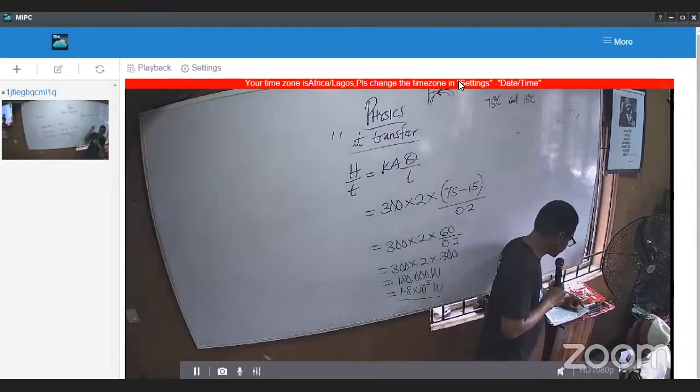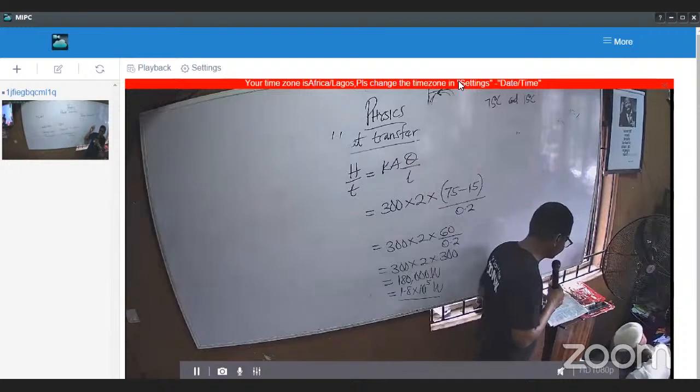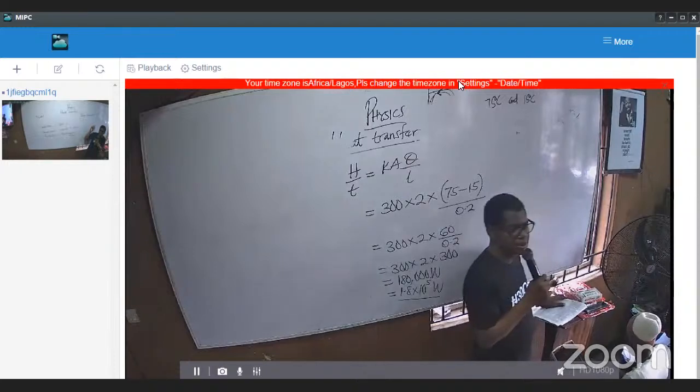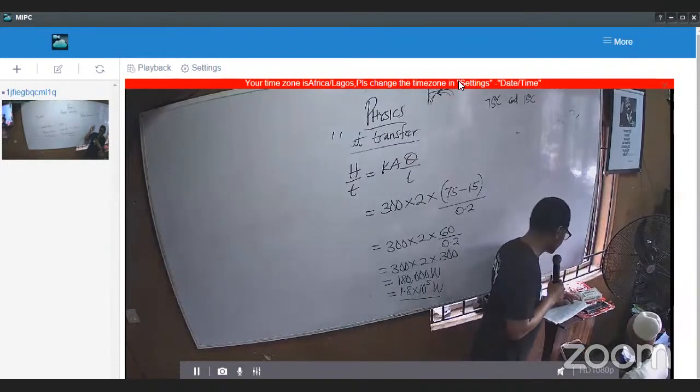Next question. The thermopile is a device for detecting. Option A, radioactive radiation.